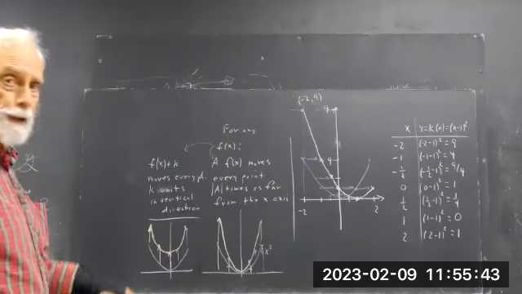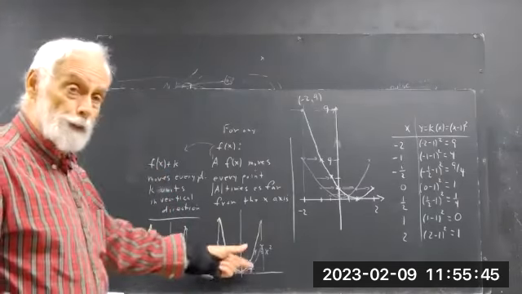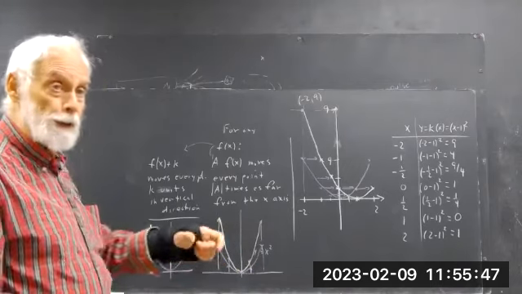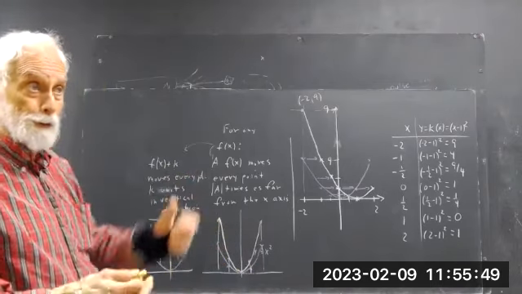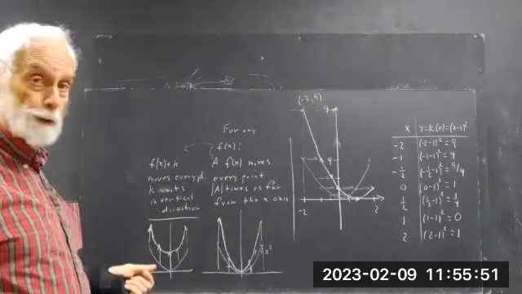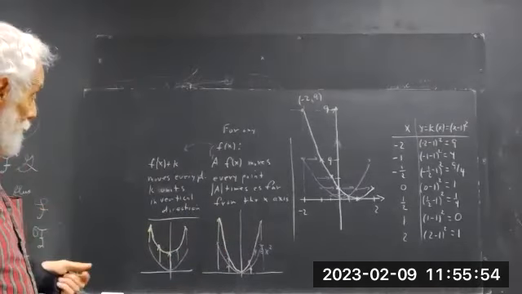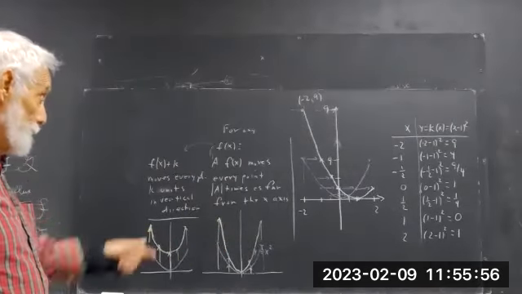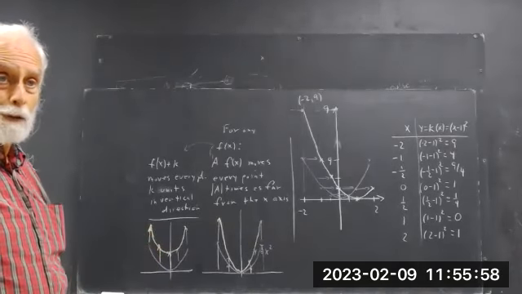And the graph has exactly the same shape. This graph doesn't have exactly the same shape. The other graph is vertically stretched. It looks skinnier. This one has exactly the same shape. I didn't draw it very well, but if it's drawn right, it will.